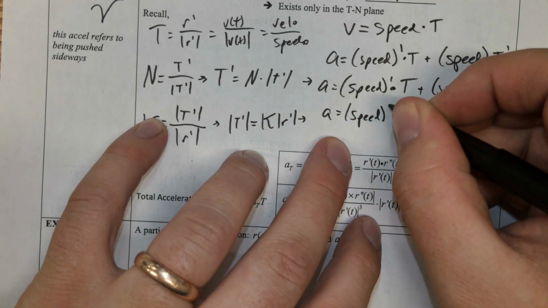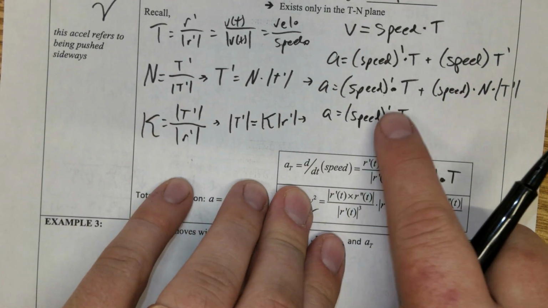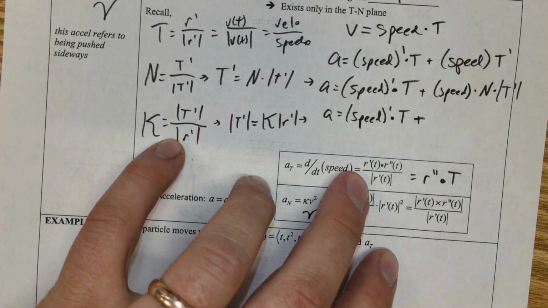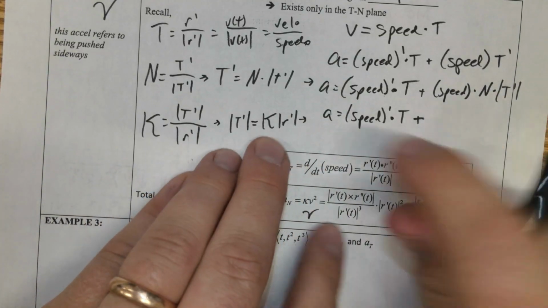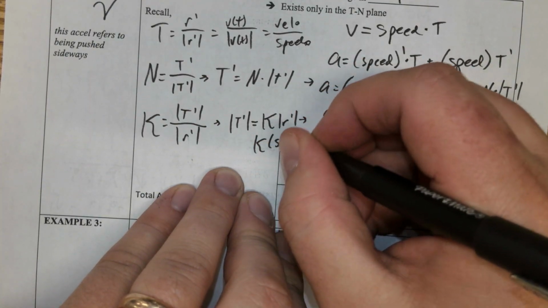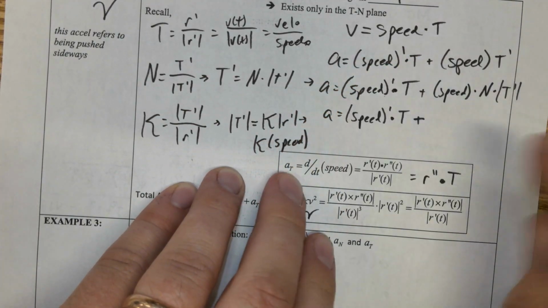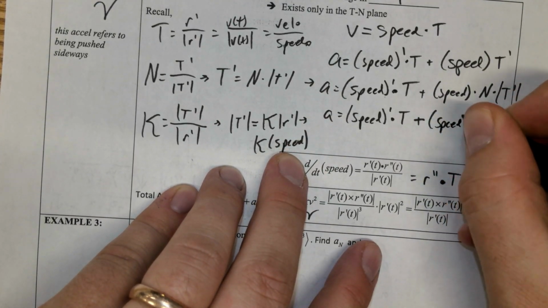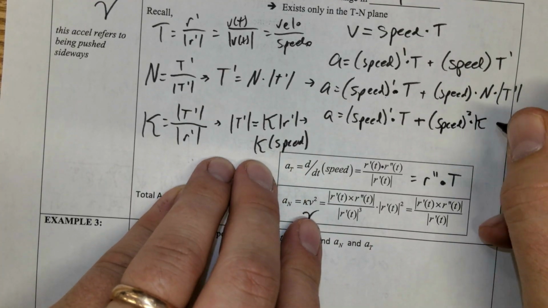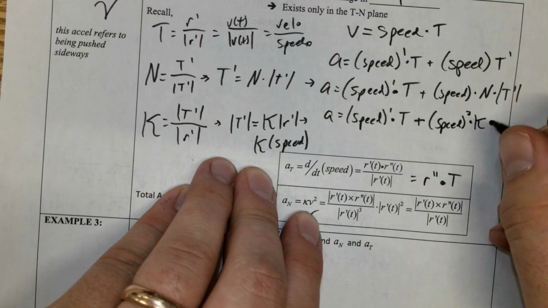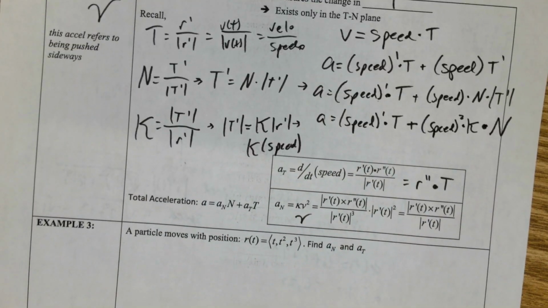So when I bring this over, again, one more time, adding it over here, my final calculation for acceleration is the change in speed in my t direction plus, sorry, this is curvature times speed. So I would have speed squared times curvature dotted with n.